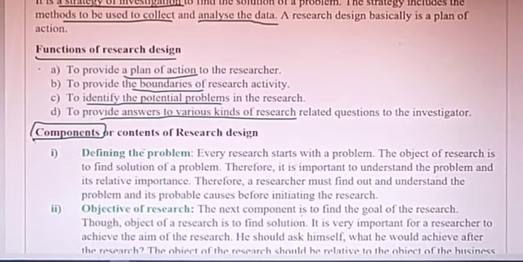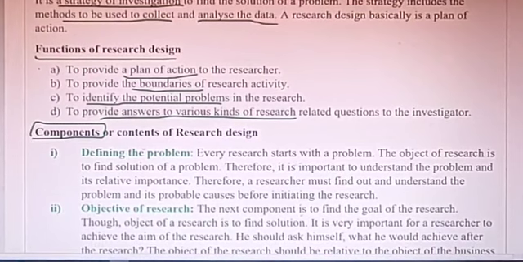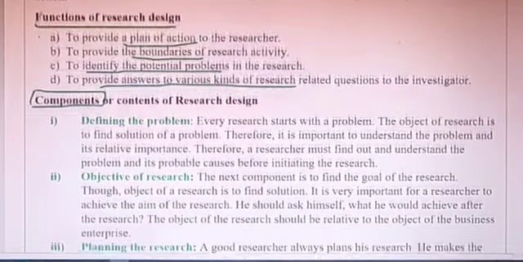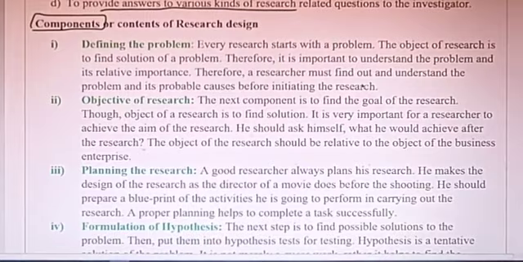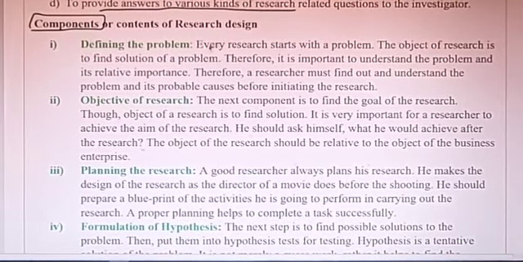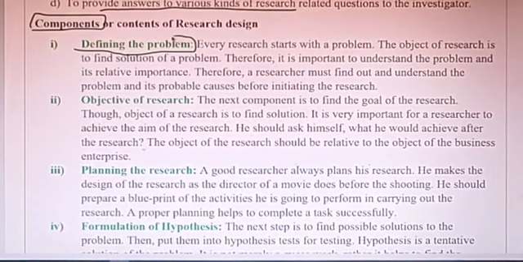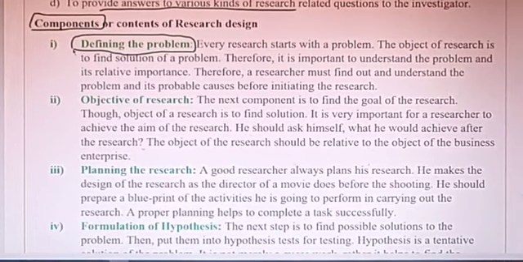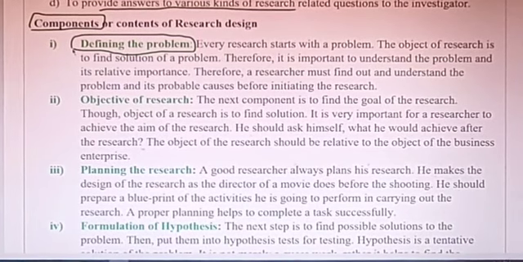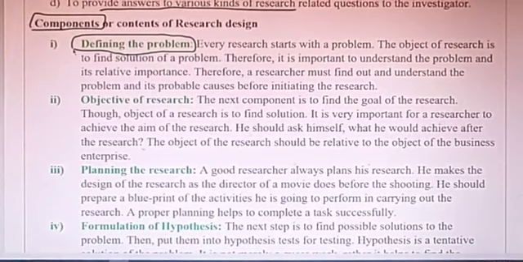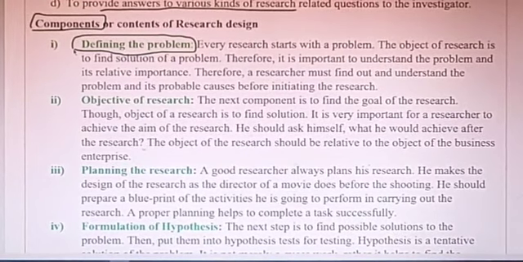Okay, this is the second part of the question. You have to write about the components or contents of the research design. A good research design should define the problem. What is the problem all about, and how the research is going to solve the problem, because research means you are finding a solution of a problem.